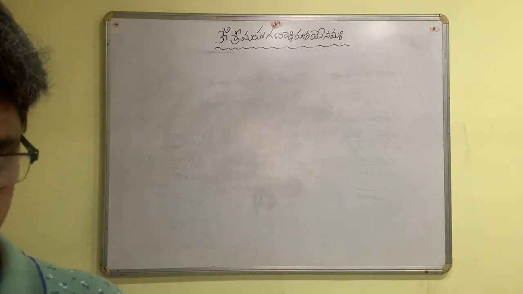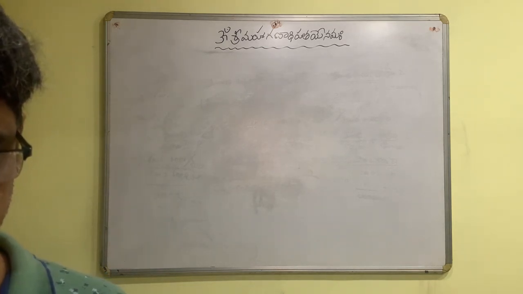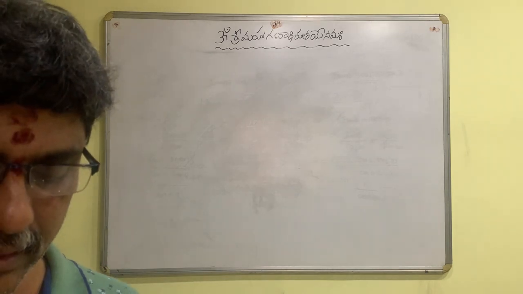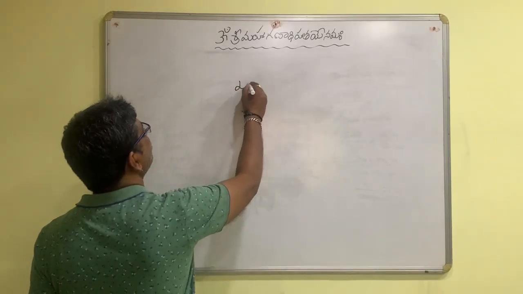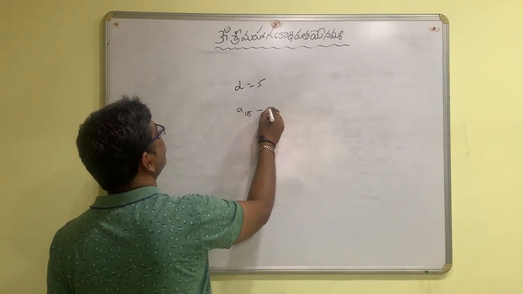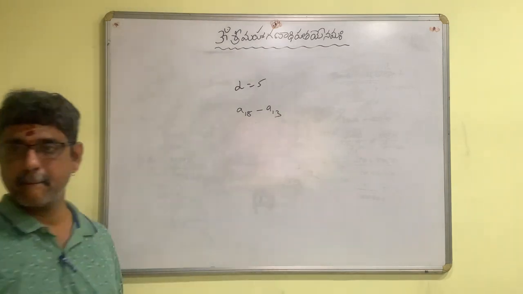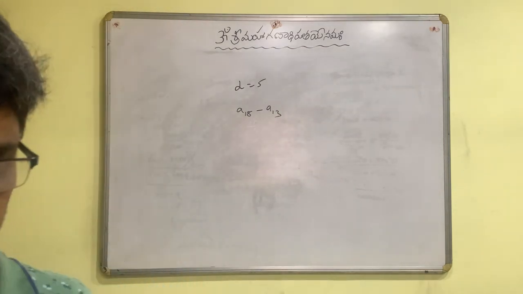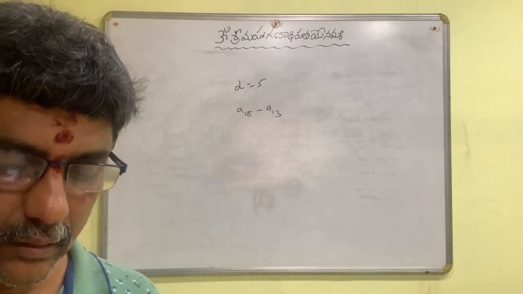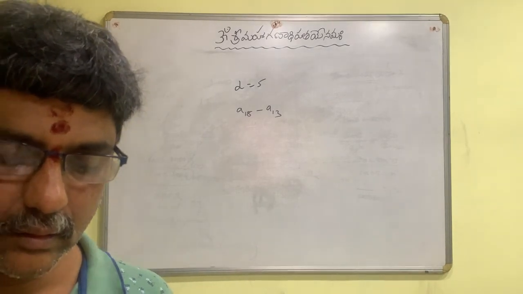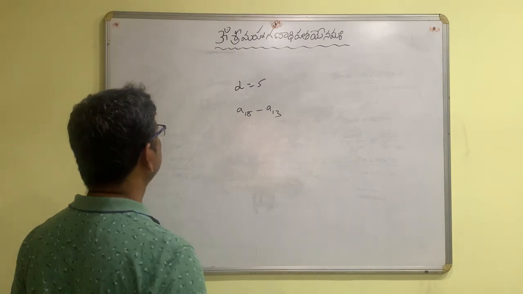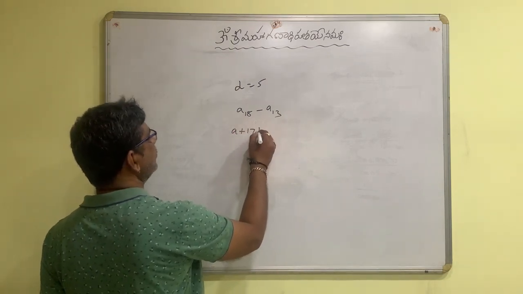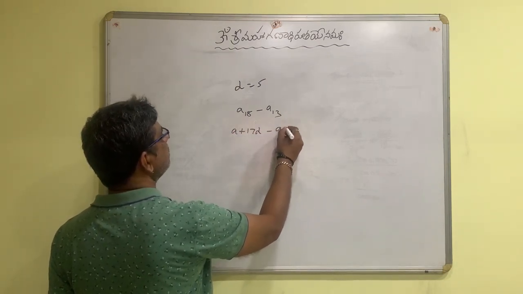If the common difference of the AP is 5, then A18 minus A13. D is 5. A18 minus A13 is A plus 17D minus A minus 12D.